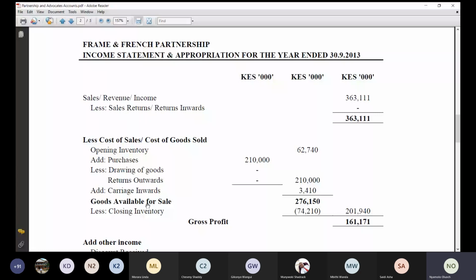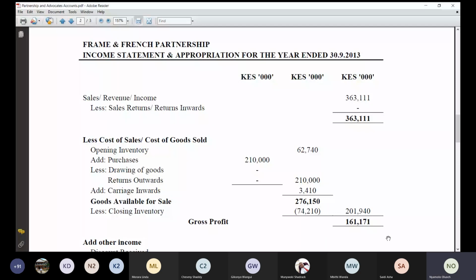If they are goods that a person took home, you would less it from that. Those are drawings. Then returns outwards, anything that was returned. And then, because we don't have them, our purchases would be the 210. But we had carriage inwards, the cost that we used to bring our inventory to our premises, we add it.